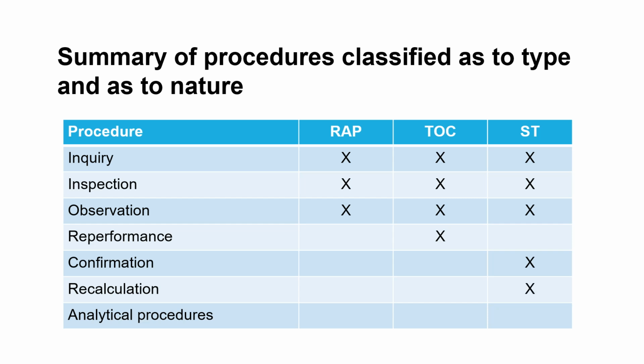Recalculation, as what we have mentioned, is also a substantive test. Analytical procedures may be risk assessment procedure if performed in the planning phase, and if performed in the testing phase, then they are also substantive tests. So you would notice of all of the procedures, only the big three has checked all three categories, right? So that's why I call them the big three.